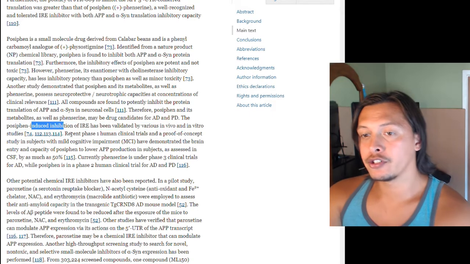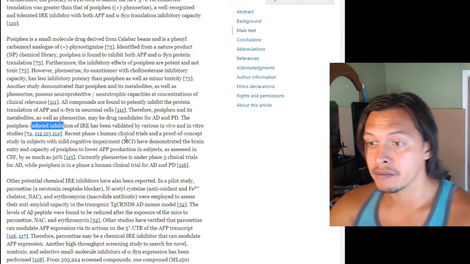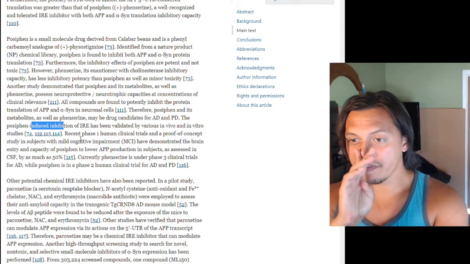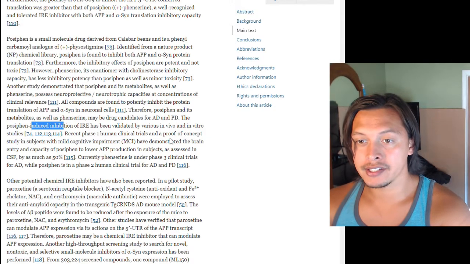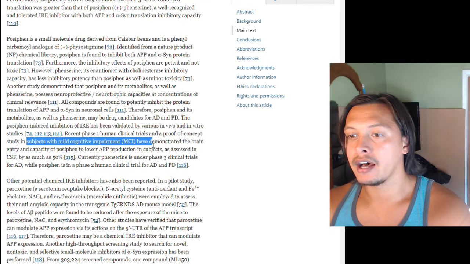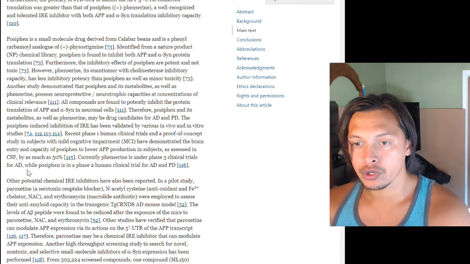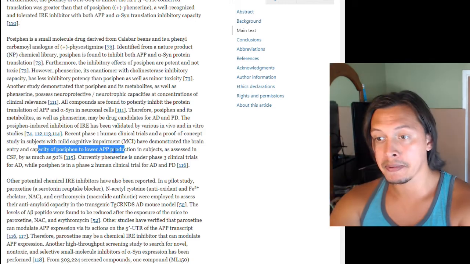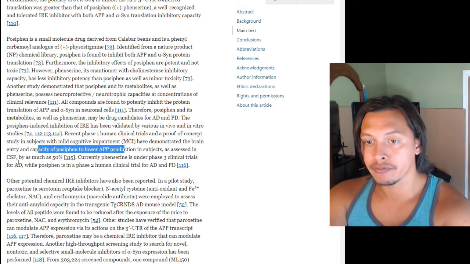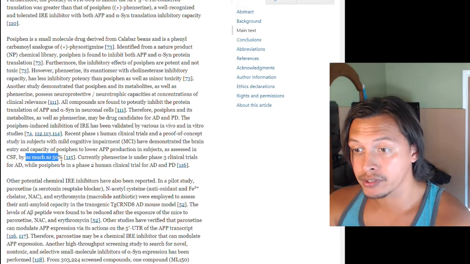So the posifen-induced inhibition of IRE has been validated by various in vivo, in life, and in vitro, in test tube studies. Recent phase 1 human clinical trials and proof-of-concept studies in subjects with mild cognitive impairment, or MCI, have demonstrated the brain entry and capacity of posifen to lower APP production in subjects, as assessed in cerebrospinal fluid, by as much as 50%.